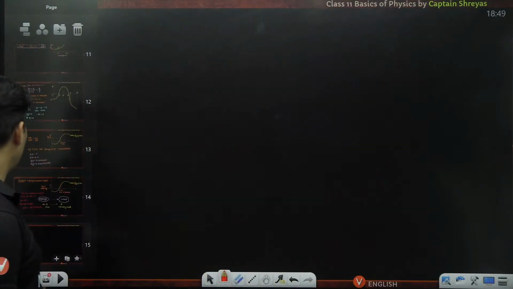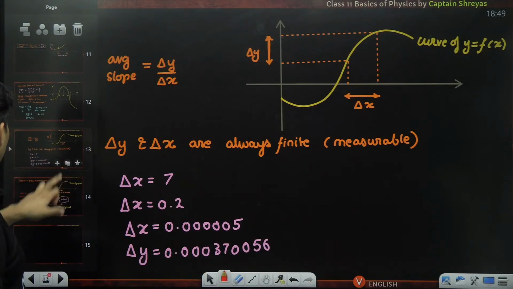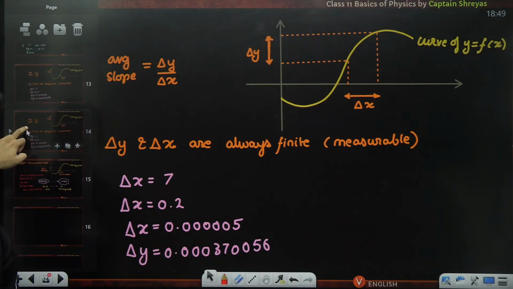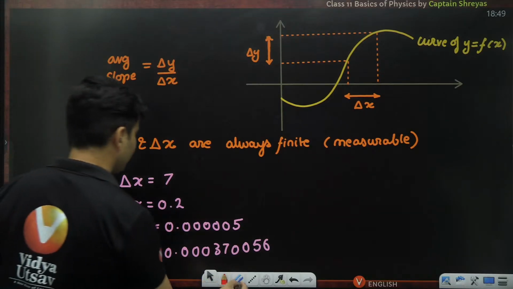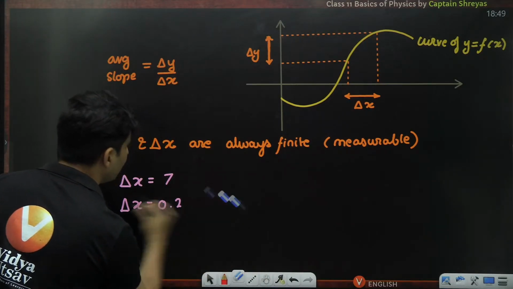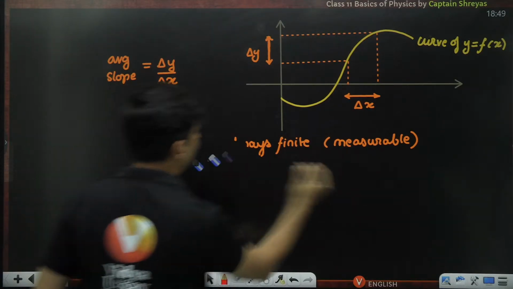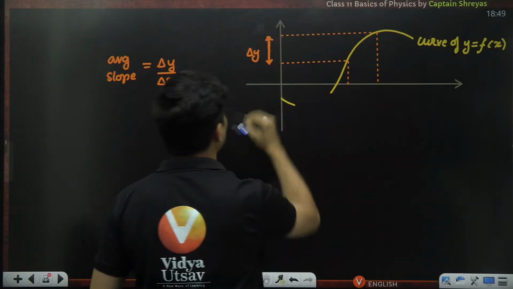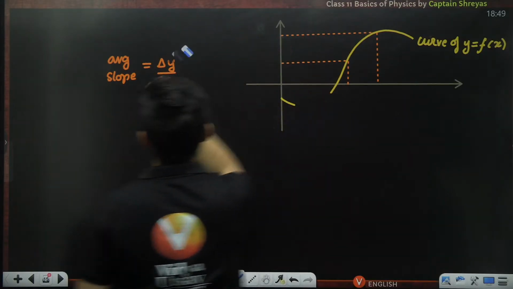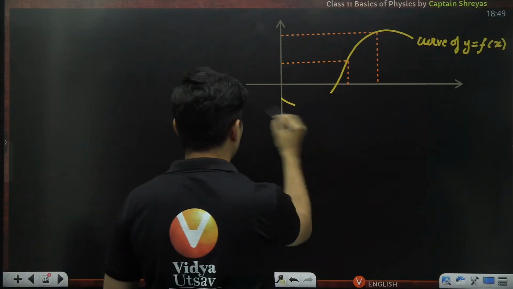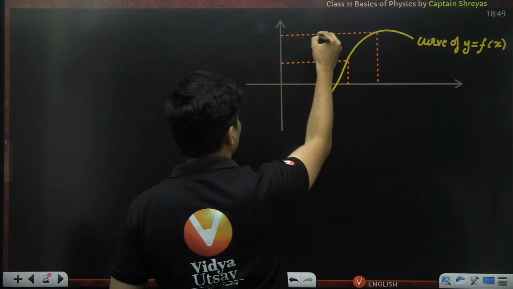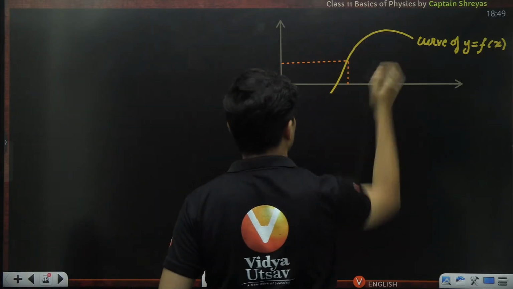So when I make this delta x very, very small, tending to 0, and eventually I bring them really close. So let me just get rid of this.